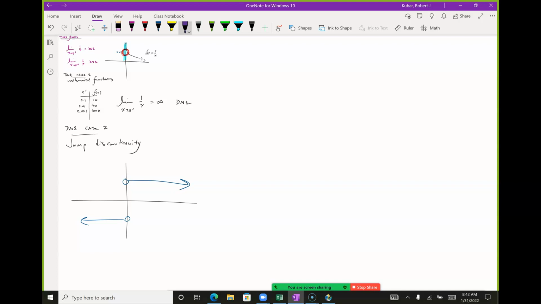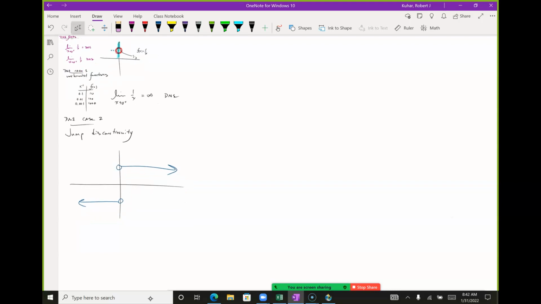You can see here, if I pick my epsilon to be a half, no matter what size bullseye I get, there's function above and below my dartboard.